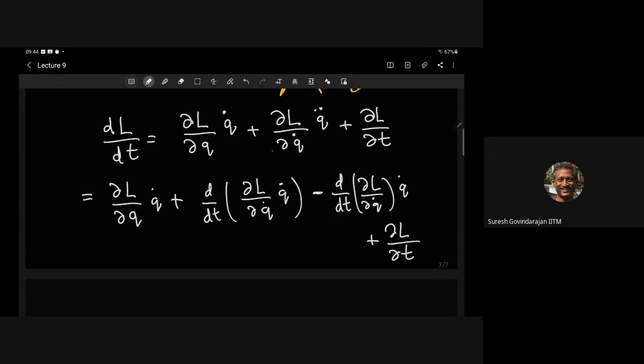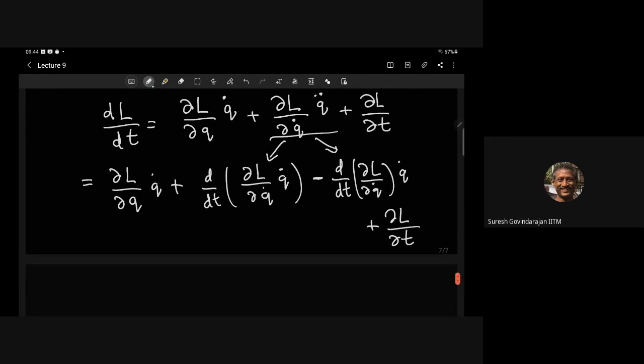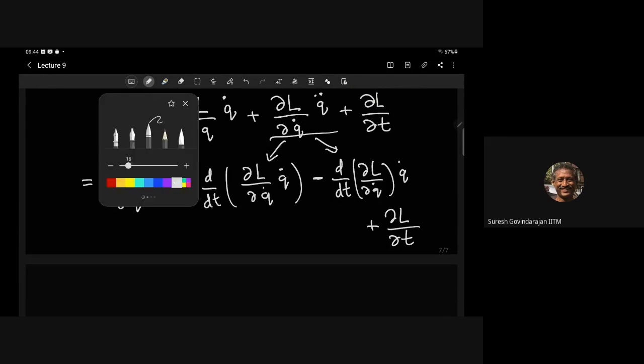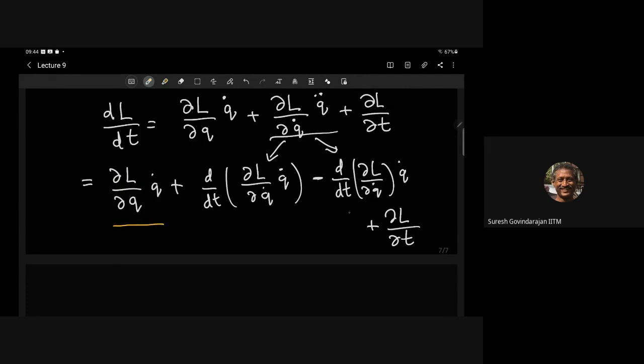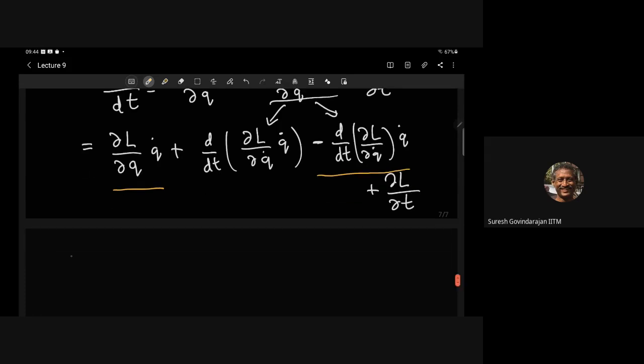So I've just taken this term and written it as two terms. Okay, so now we can see that I can collect terms. I can look at this and this. So you can see it's q dot times this, and write that here.